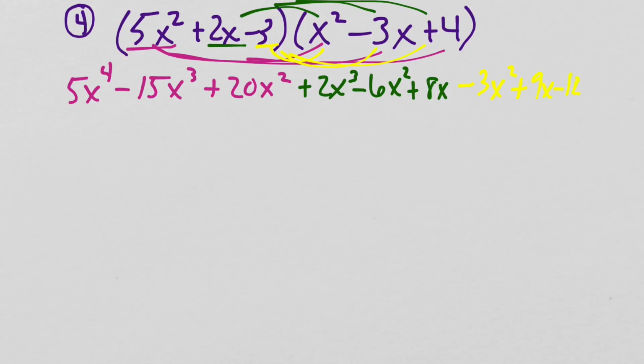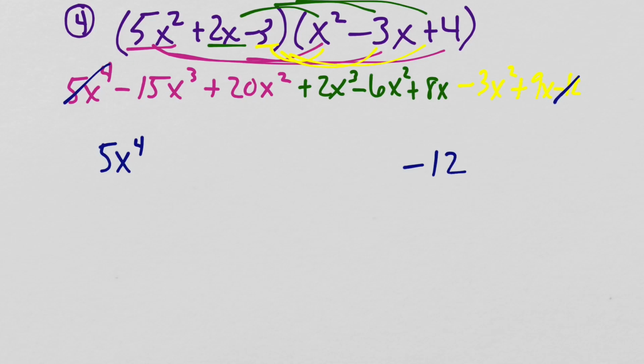Alright, so we now have 9 items of which we need to be able to combine like terms. So in the end, there is a 5x to the 4. That does not change because that has the only x to the 4. The only one that's a constant is the minus 12, so we'll put that down here.